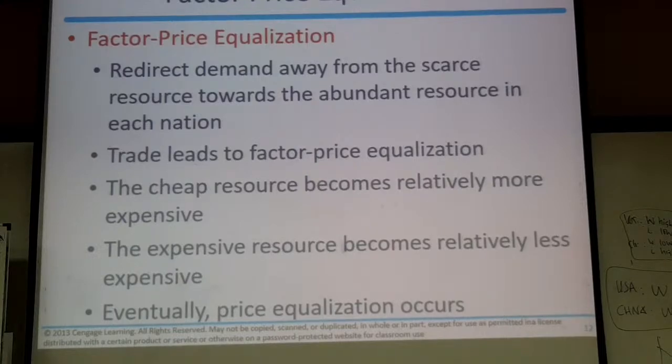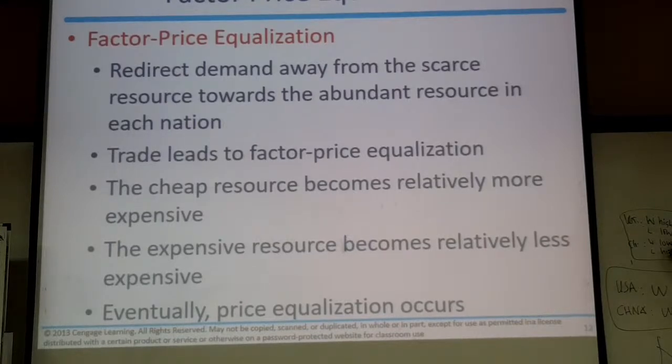So the trade leads to factor equalization. The cheap resource becomes relatively more expensive. Yes. The cheap resource before, interest rate was low. Cheap resource in the United States now becomes more expensive.